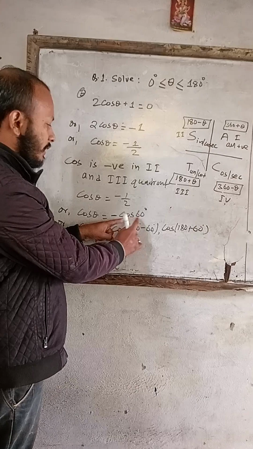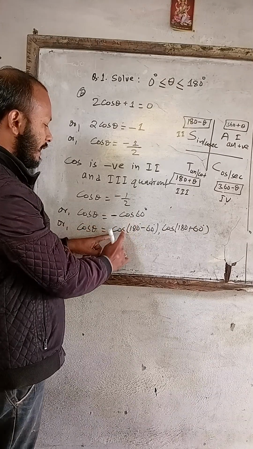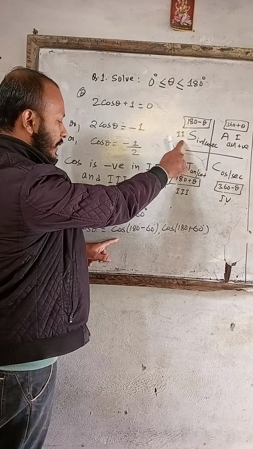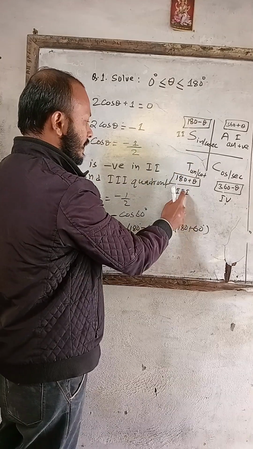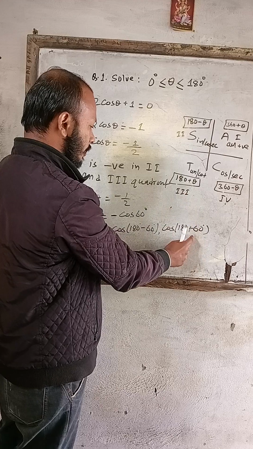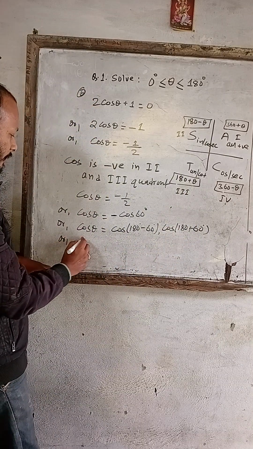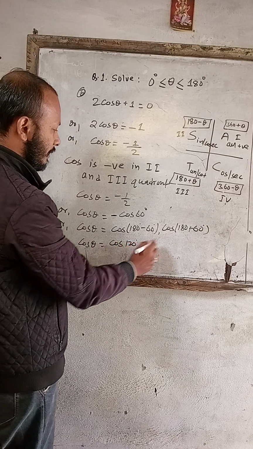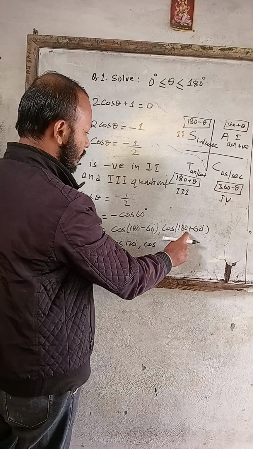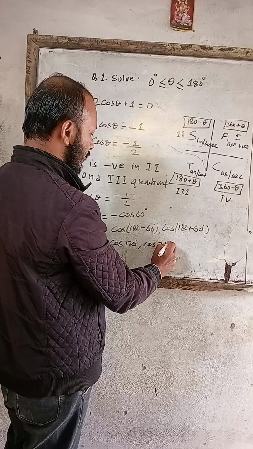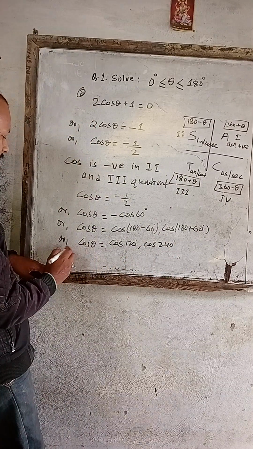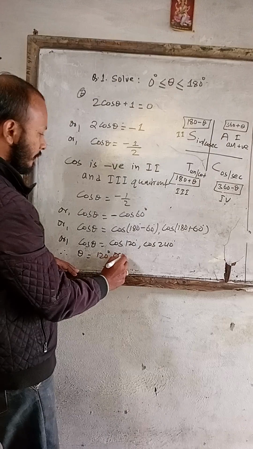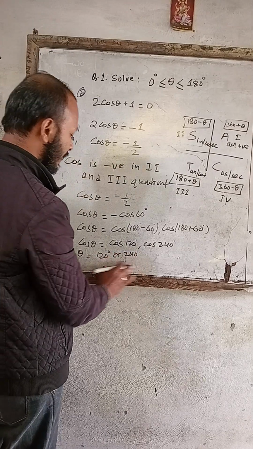So minus cos 60 degree becomes cos 180 minus 60 in the second quadrant, and cos 180 plus 60 in the third quadrant. So cos theta equals cos 120 degree, comma, cos 240 degree. Therefore theta equals 120 degree or 240 degree.